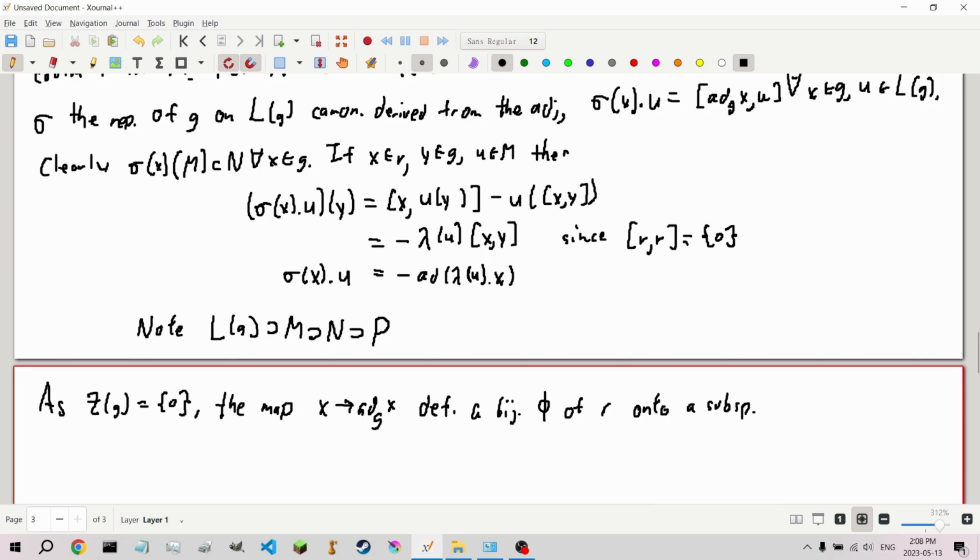This is our P from above. This is a subspace of LG, and we're going to see that it's within N.